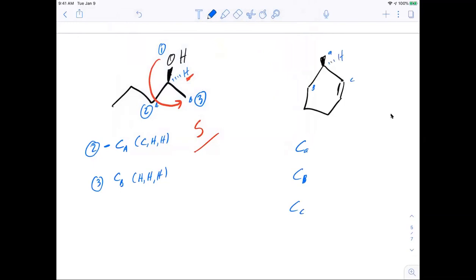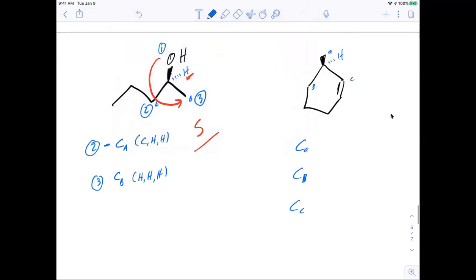And we put in our hydrogen. We look at our first carbon, A, it's only attached to 3 hydrogens, right? It's a methyl. We look at B. B is attached to 1 carbon and 2 hydrogens. And then if we look at C, now we have a double bond.